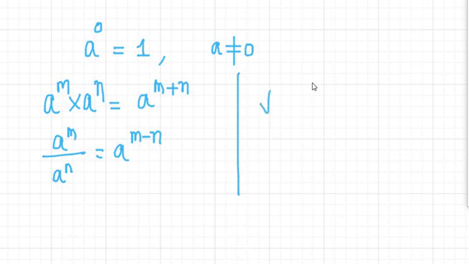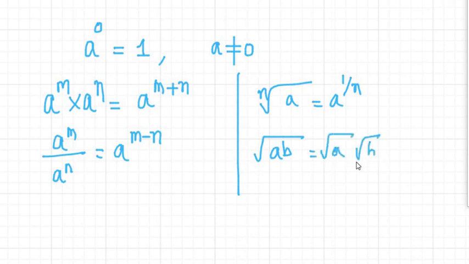Next, nth root of a is equal to a power 1 by n. Root of ab can be written as root a into root b. A power m to the power n is equal to a power mn.